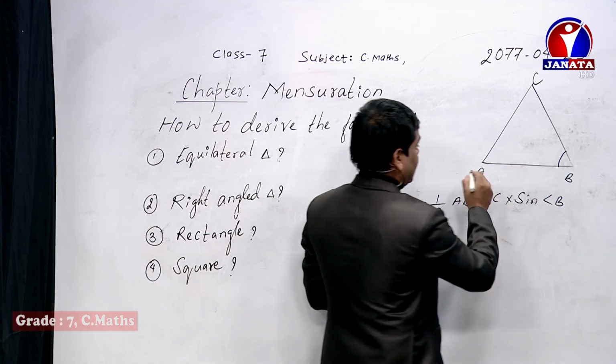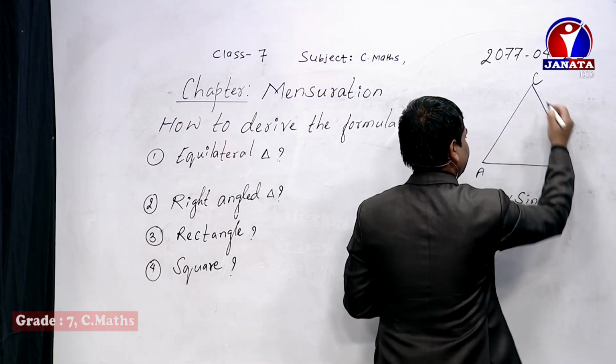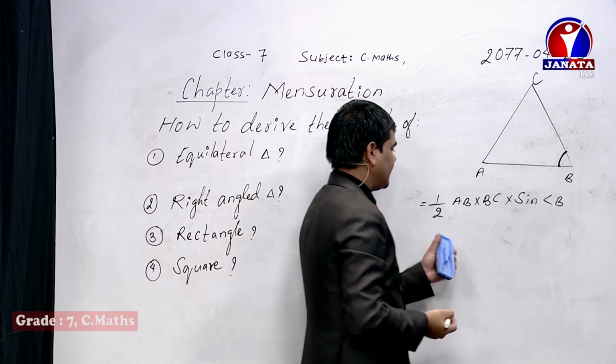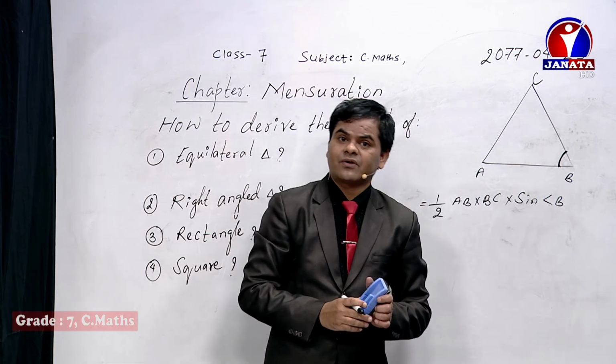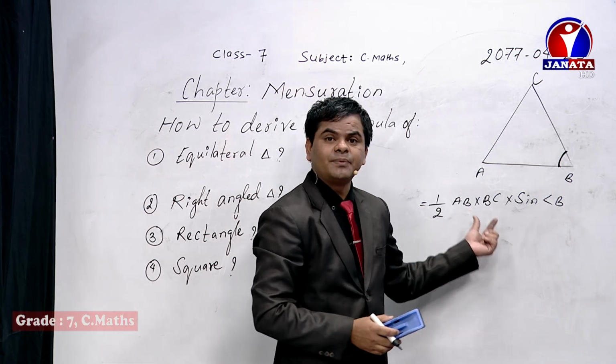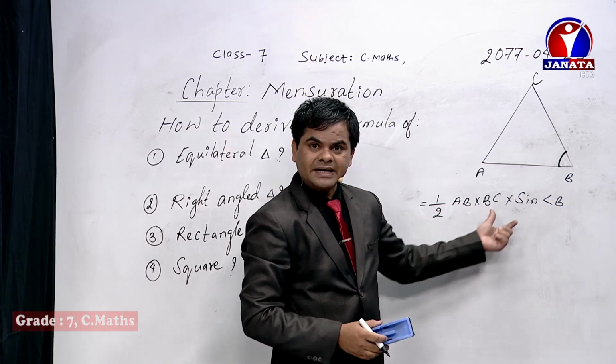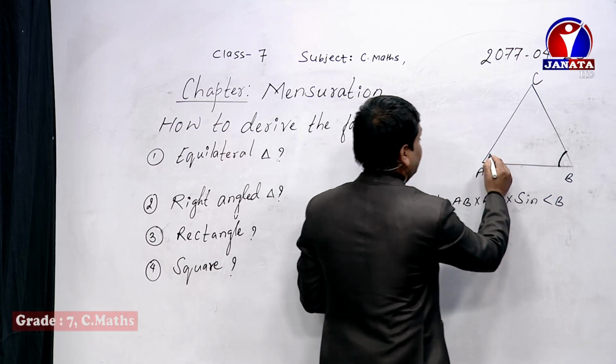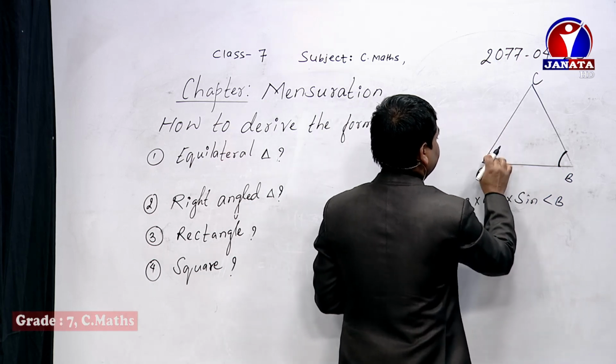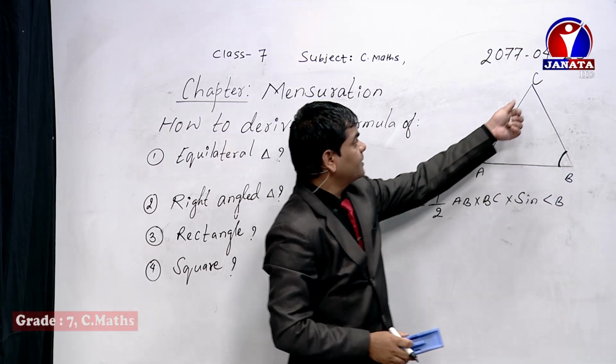I have already told you: AB into BC into the middle angle in terms of sine, and 1/2 should be kept in the front. So this is the basic thing to be remembered. Keep in mind later on. And if you use this one angle, then these two sides adjacent to it.